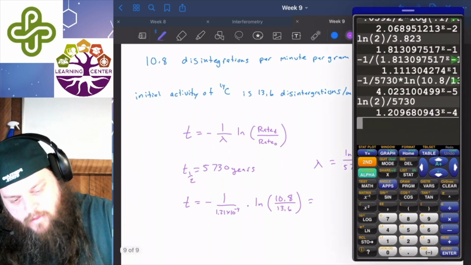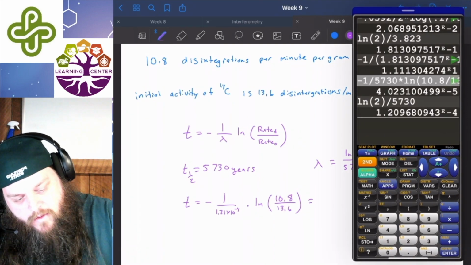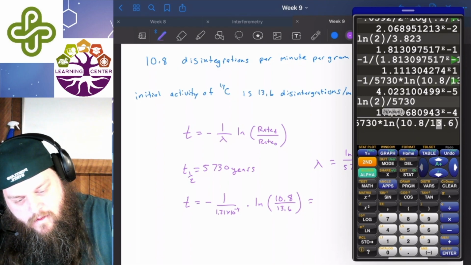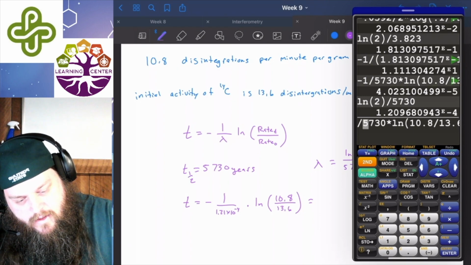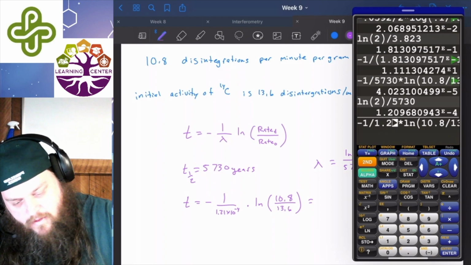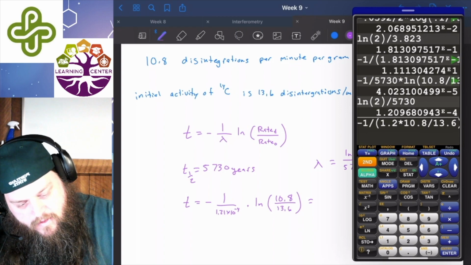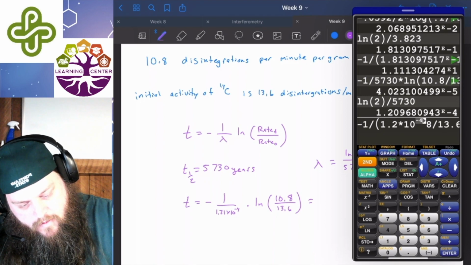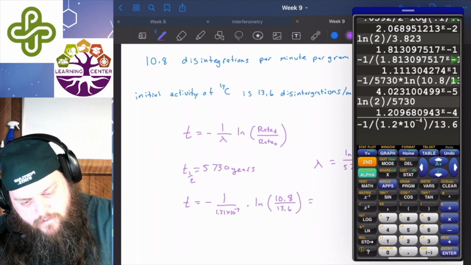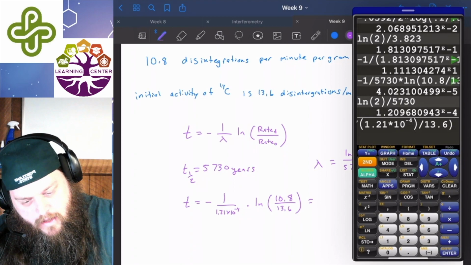I'm just going to go back, grab my equation from before, and change this guy. Inserting in 1.21 times 10 to the power of negative 4. I should put parentheses.